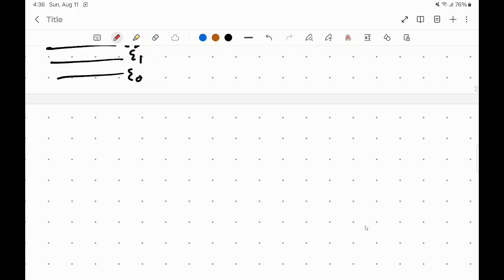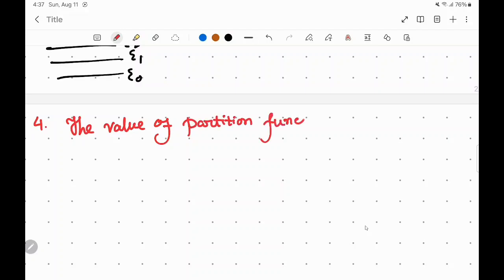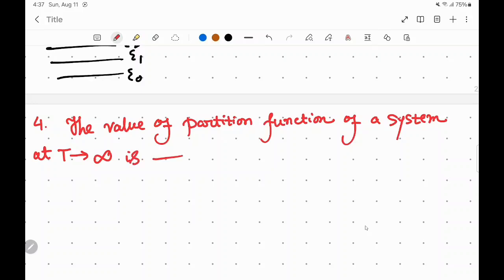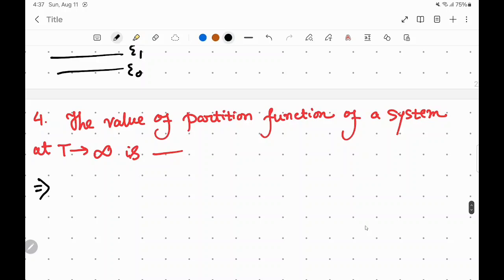Okay. So now question number 4. The value of partition function of a system at t tends to infinity is, okay.